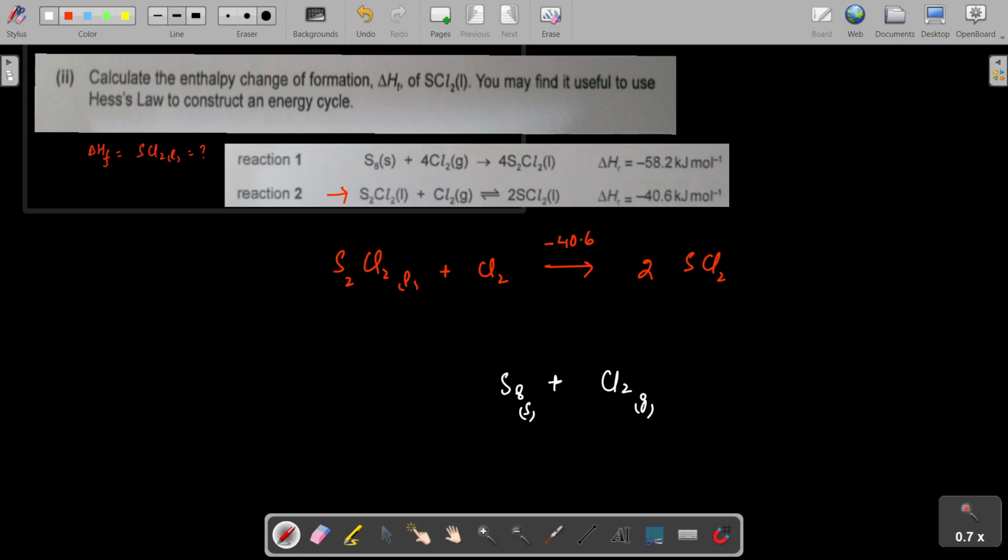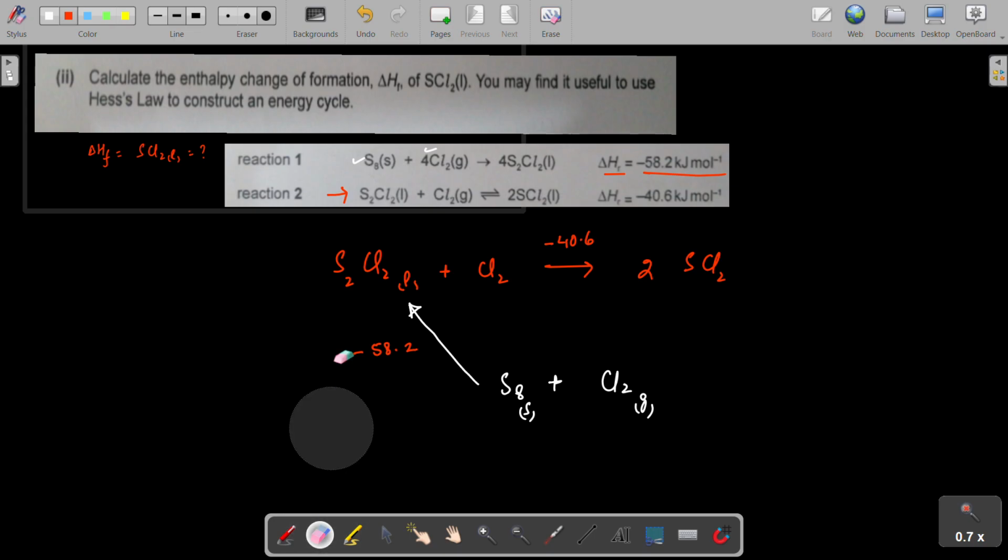If we make the Hess's cycle, I can say that when sulfur and chlorine react, they will give us S2Cl2. Its value is given here, but the question is, here 4 moles of S2Cl2 are produced. So I write down here minus 58.2 kilojoules, which is basically the delta H of reaction.